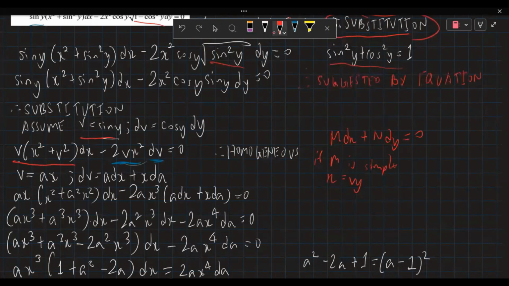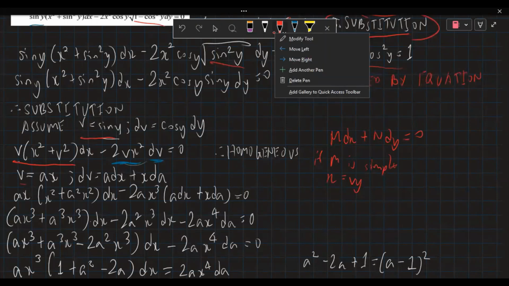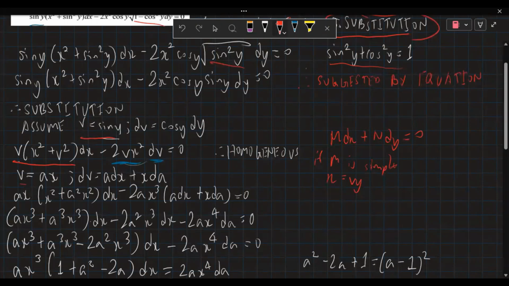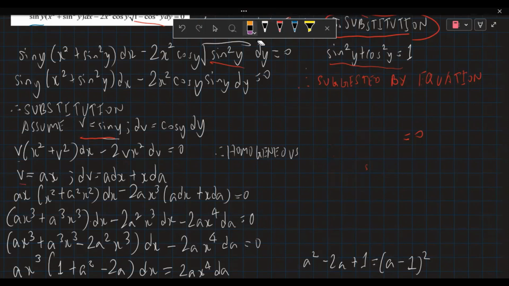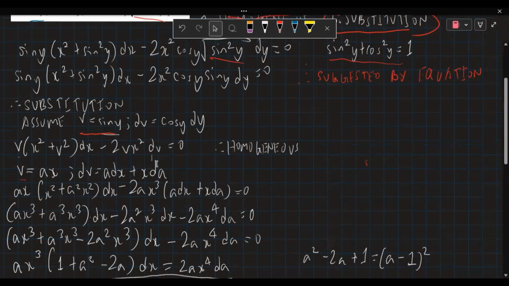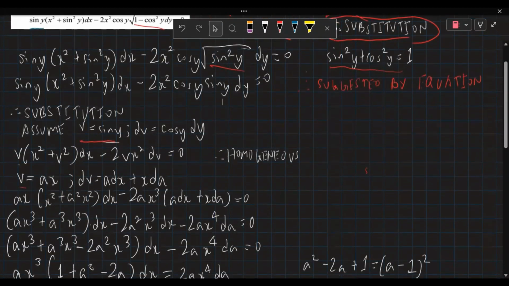So what they did was basically substitute for v, the variable with the simpler function, as ax. The a is just a letter; you can choose any letter, just as we can choose b or y. And then we do differentiation on that. So this is dv equals a dx plus x da. And then we substitute it accordingly.